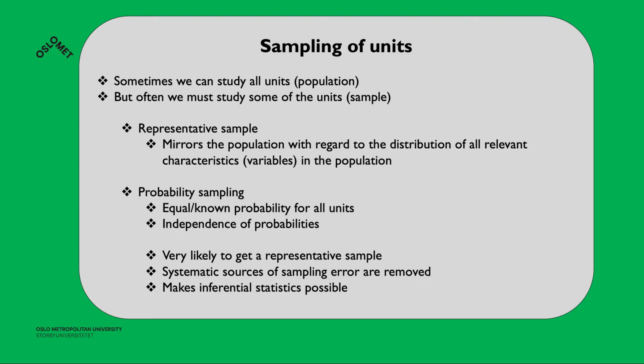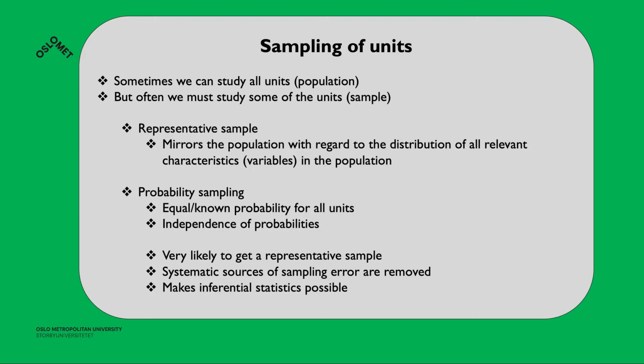And probability sampling is known by equal probability for all units to be a part of that sample. All units have the same probability for being drawn from the population to be a part of the sample, and a known probability for being part of the sample. And it's independent of probabilities. That means that if one unit is drawn from the population to be a part of the sample, it doesn't affect the probability of other units being drawn to be a part of the sample.